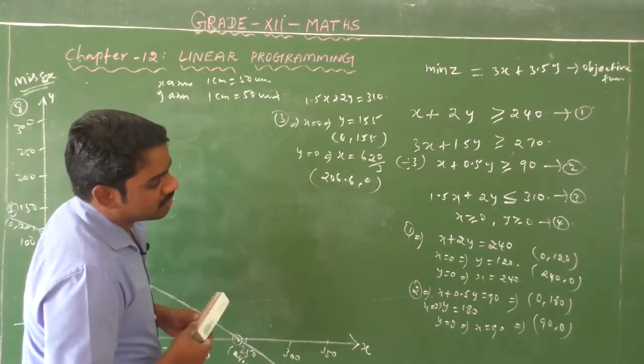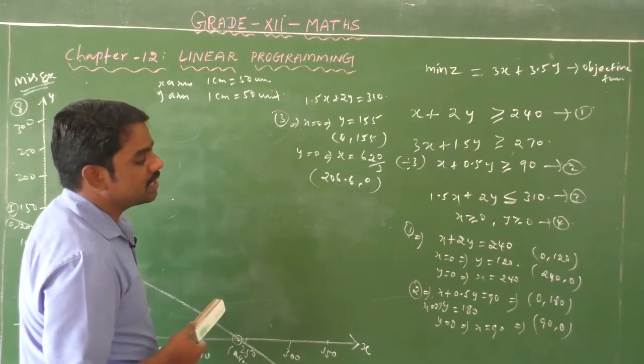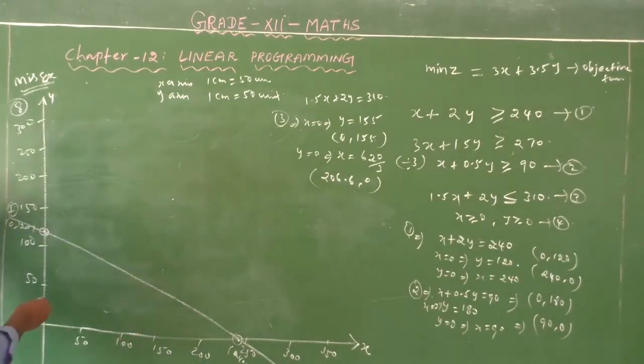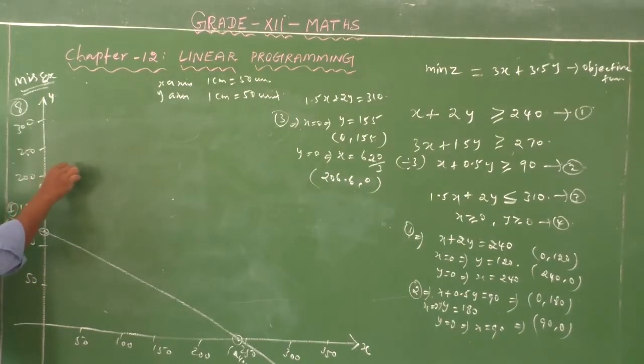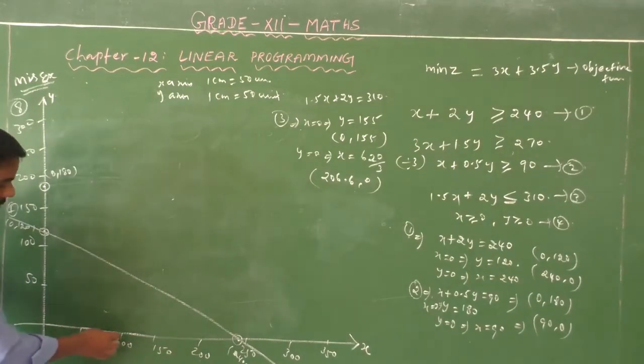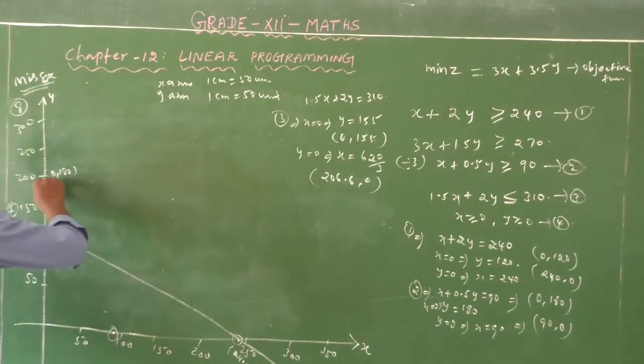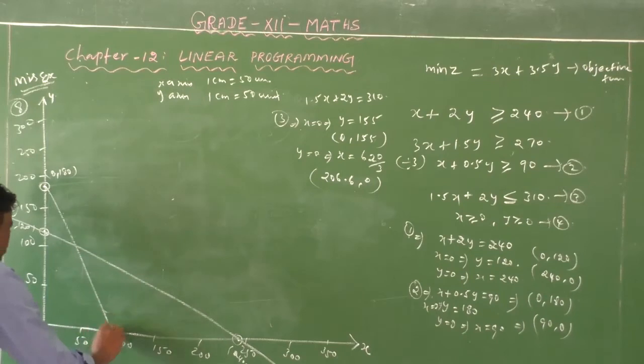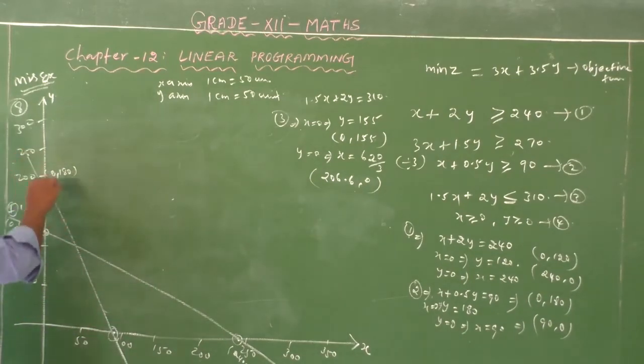Next, the second line passes through (0, 180) and (90, 0). 180 is in between 150 and 200, so this point is (0, 180) and this one is (90, 0). Join these 2 points. This line is the second line.